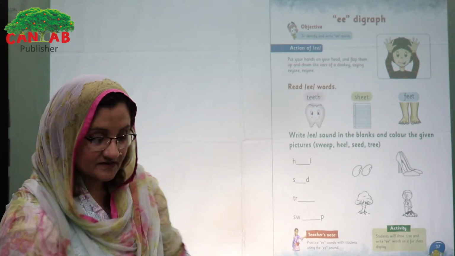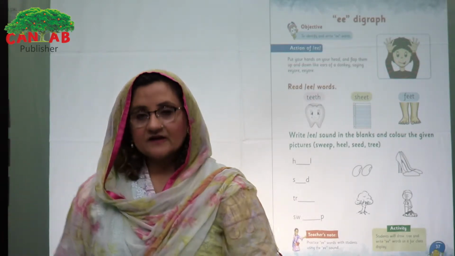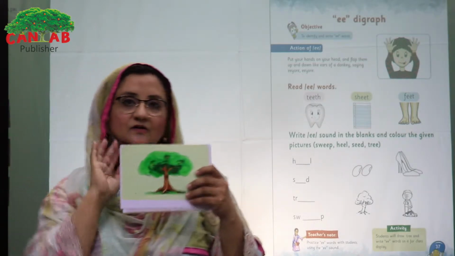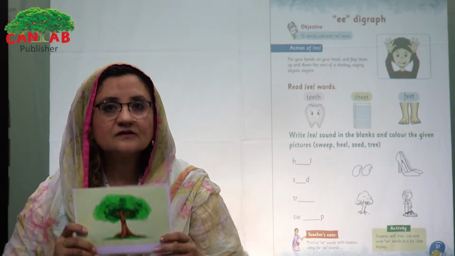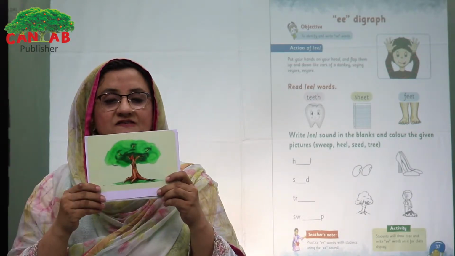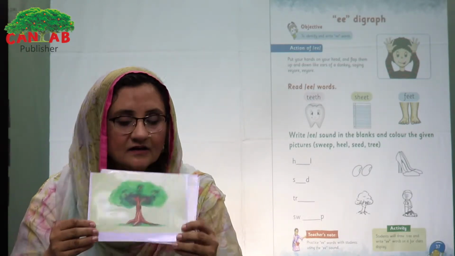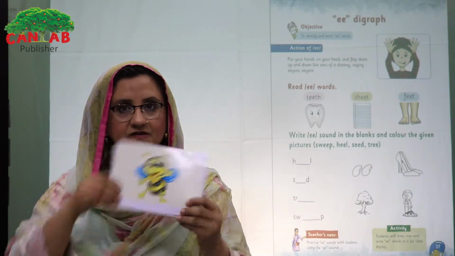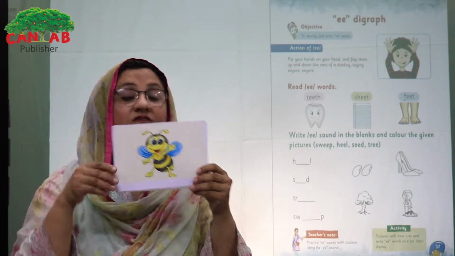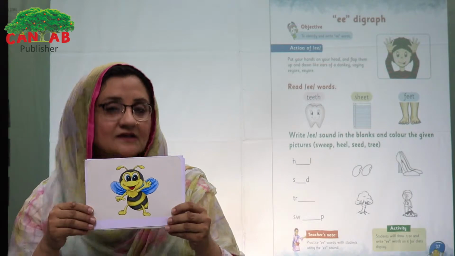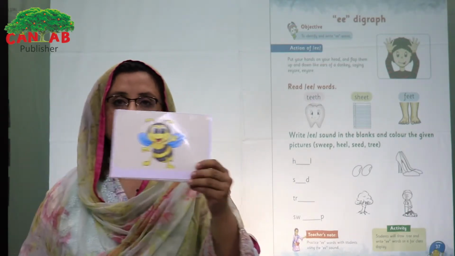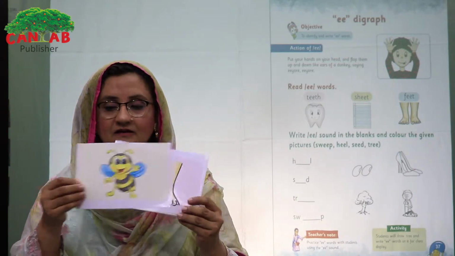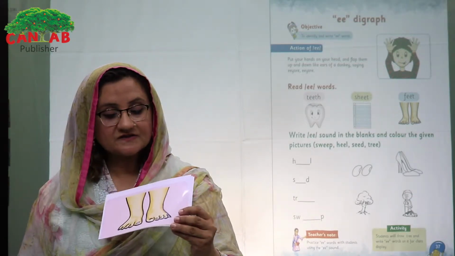So let's start. Okay, students, look here. What is this? This is a tree. And look here. What is this? This is a bee. A tree, a bee. And look here. What is there?